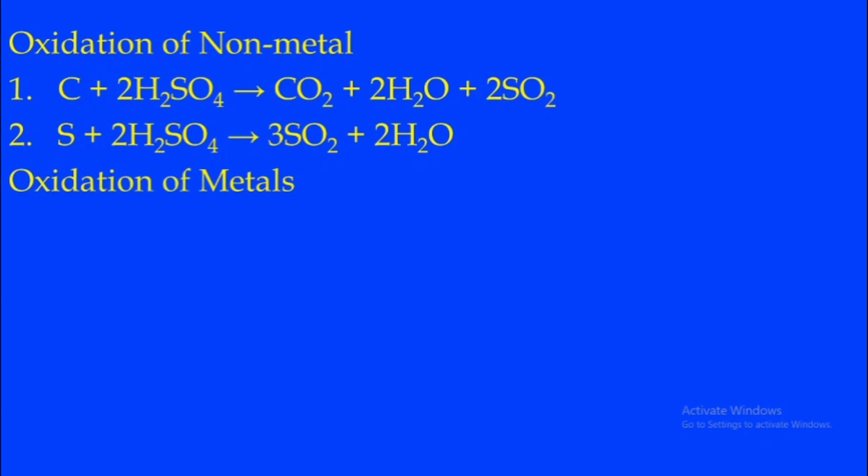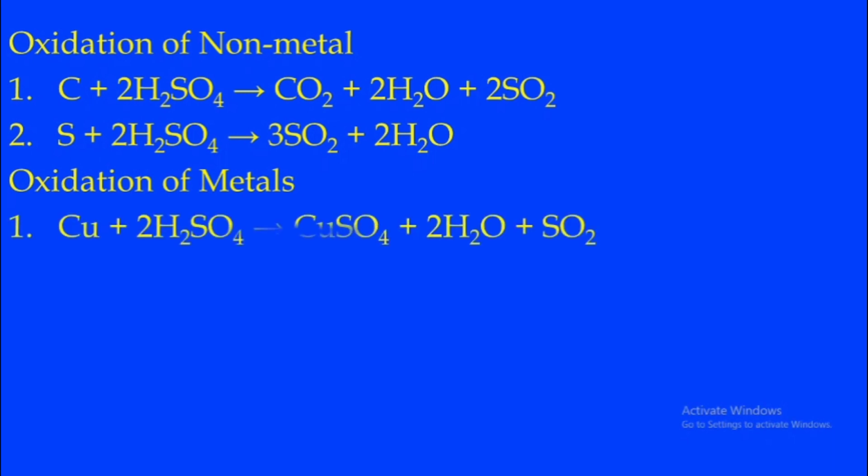Oxidation of metals. When metals are oxidized by concentrated sulfuric acid, then a salt, water and sulfur dioxide are produced. For example, when copper is treated with concentrated sulfuric acid, copper sulfate, water and sulfur dioxide are produced.